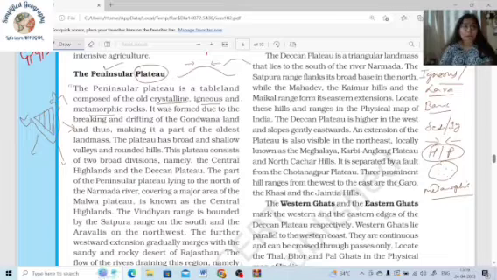So from this paragraph we come to know that the crystalline formation of igneous and metamorphic rocks is there in the Deccan Plateau or Peninsular Plateau. It was formed due to the breaking and drifting of Gondwana land, thus making it part of the oldest landmass we have.